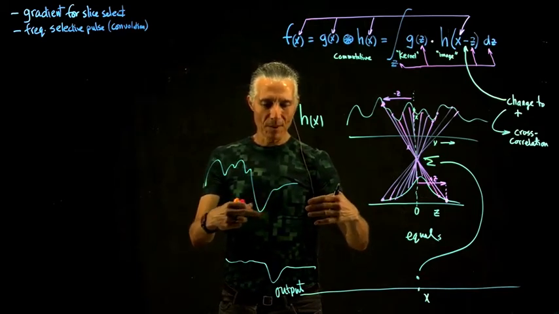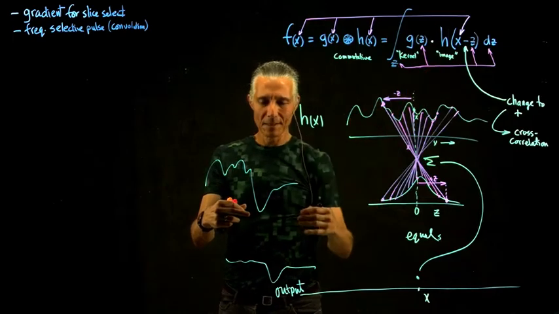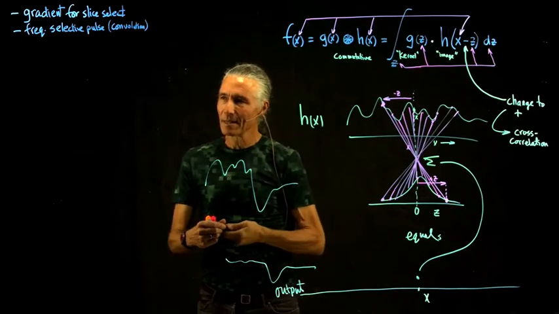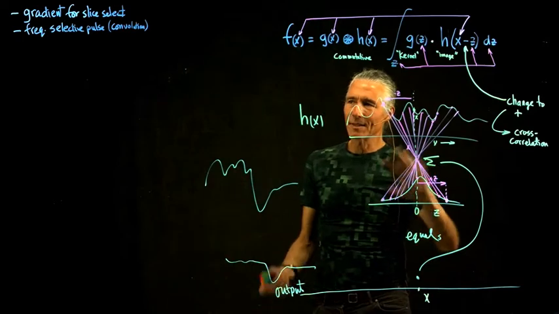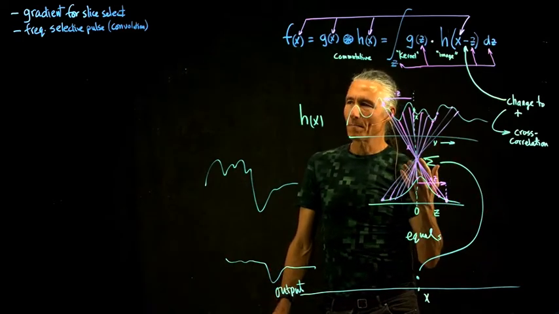If I put this over here, run this kind of sum with a plus, put it over here, run it with a plus, which one gives me the biggest value? That's a cross correlation. So a convolution is exactly the same as a cross correlation. It's just a cross correlation with a flip.